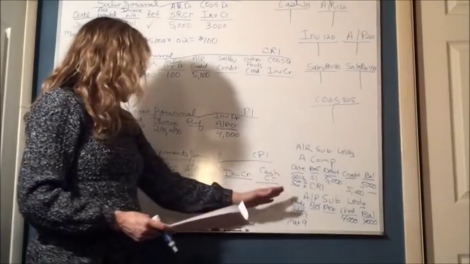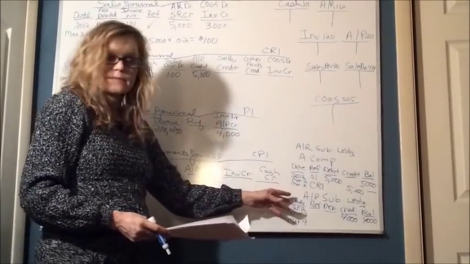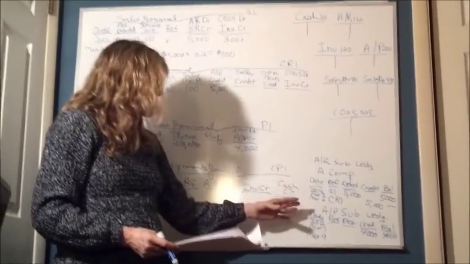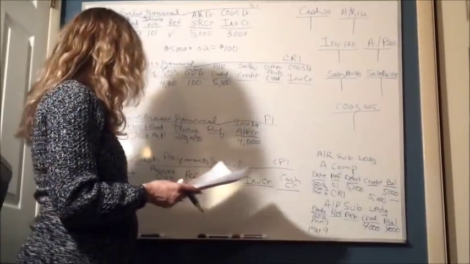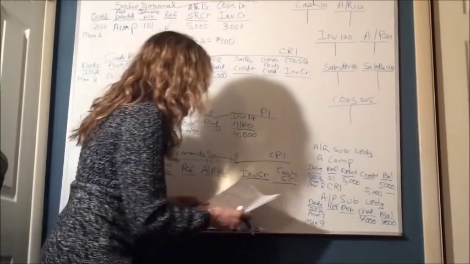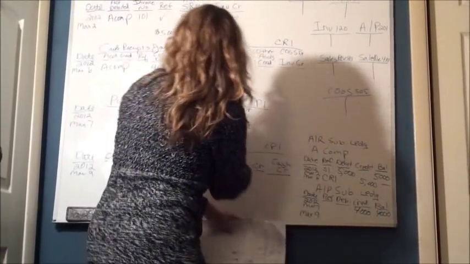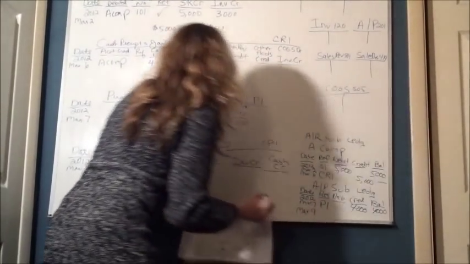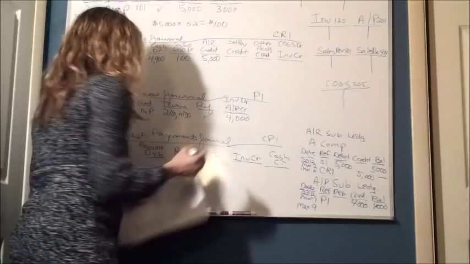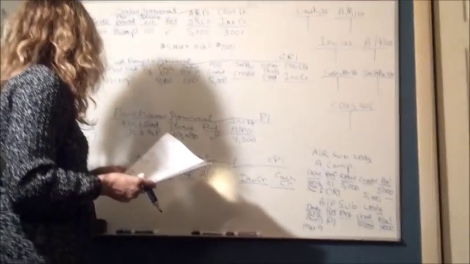Again, we make daily postings to the subsidiary ledger. On a monthly basis, we would go into the control account, accounts payable. So let's give our reference, which is P1, purchases journal, page 1. And we will check that off because we've recorded it.